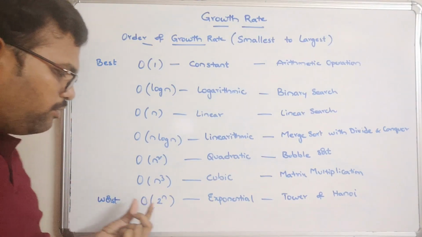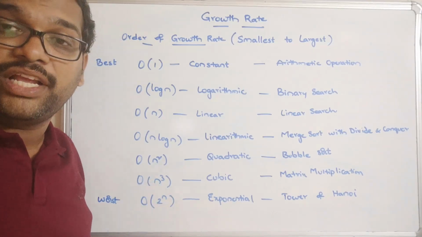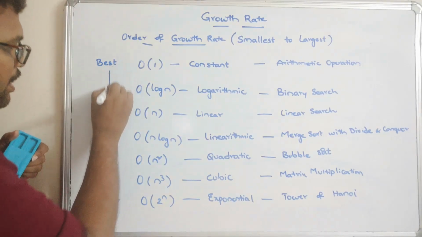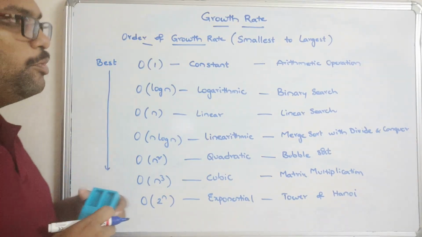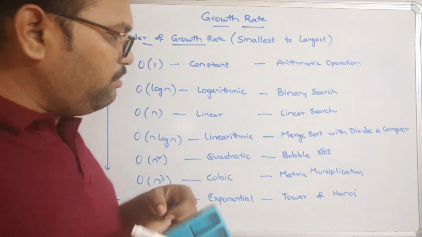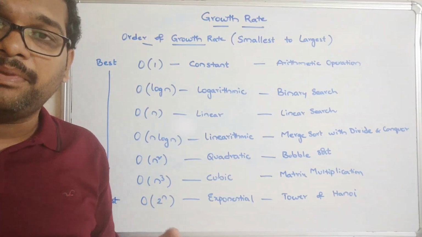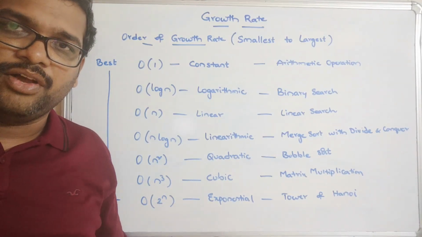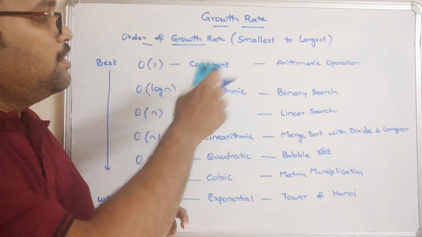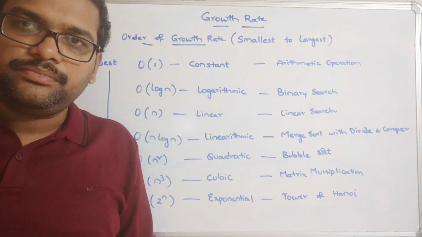Already we have represented with an asymptotic notation, that means big O notation, a worst case scenario, right? This table will be more important and useful when you are trying to calculate the time complexity of any algorithm. That's why I am writing the complete overview of all the functions, growth rate, order of growth rate, right?